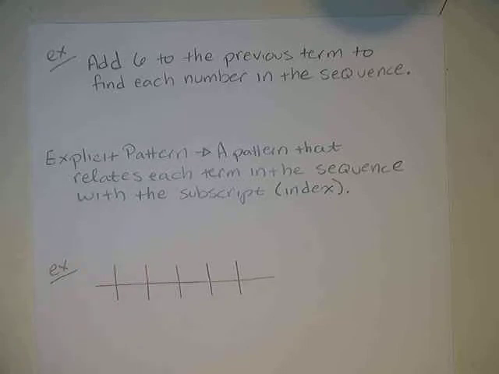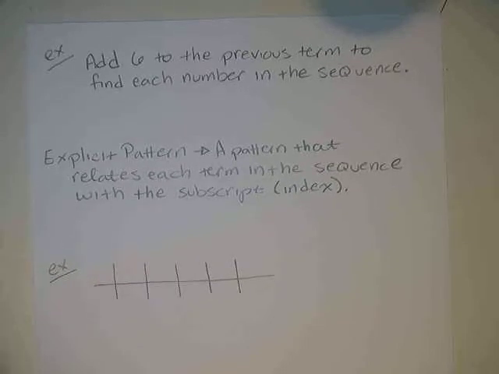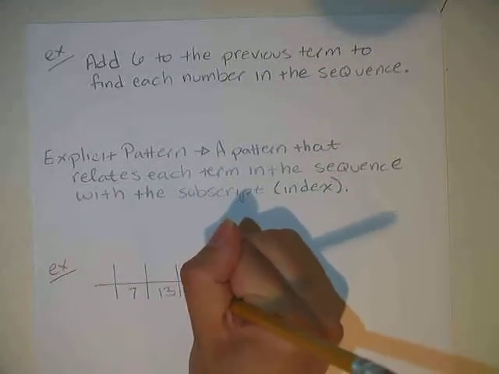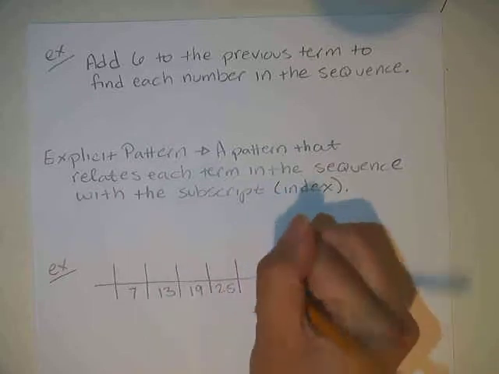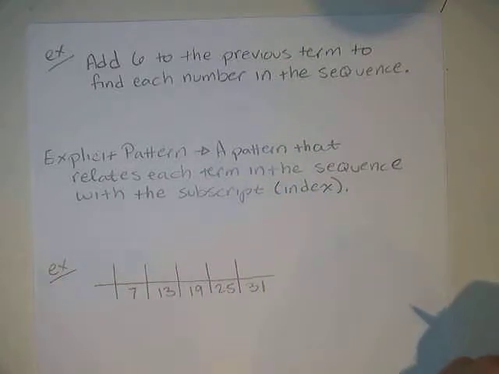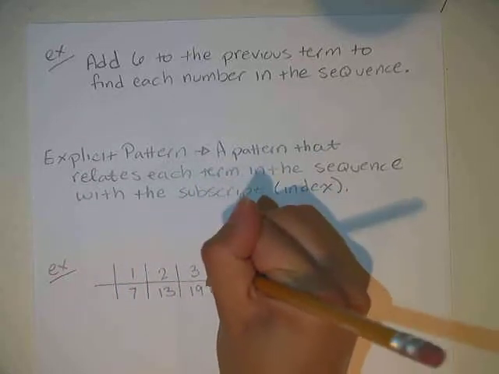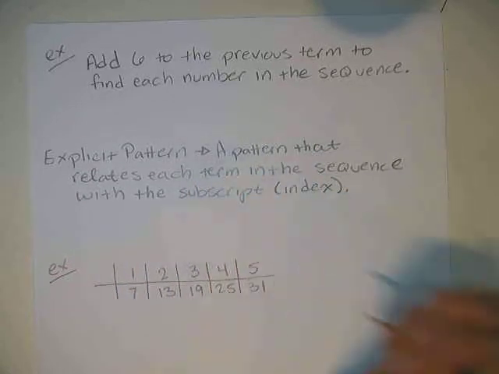Sometimes the recursive pattern will be easier to find. Sometimes the explicit pattern will be easier to find. So for our example from before, to find the explicit pattern, it might help to rewrite it in a table. So the sequence was 7, 13, 19, 25, and 31.